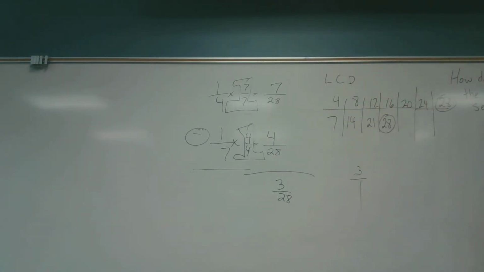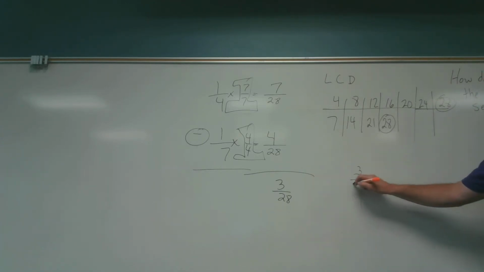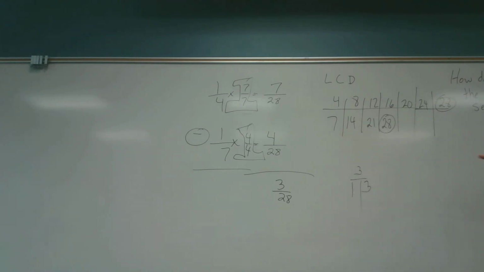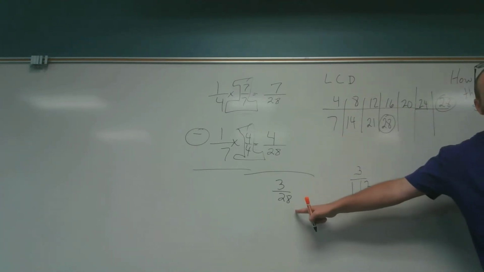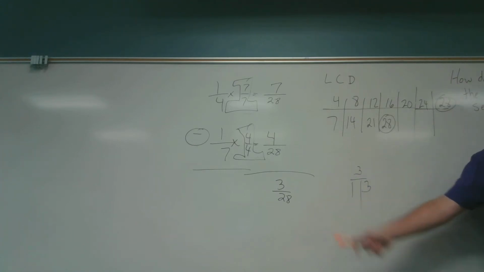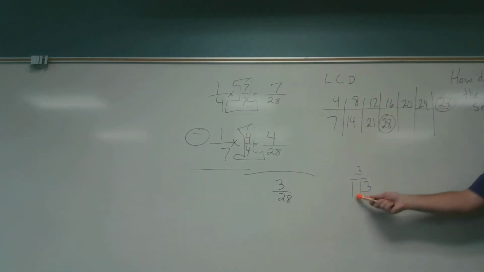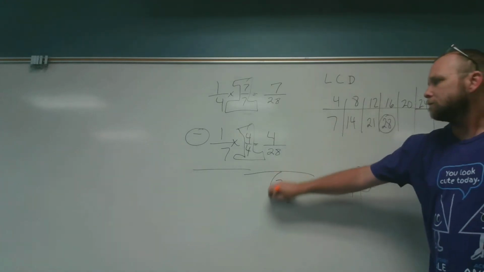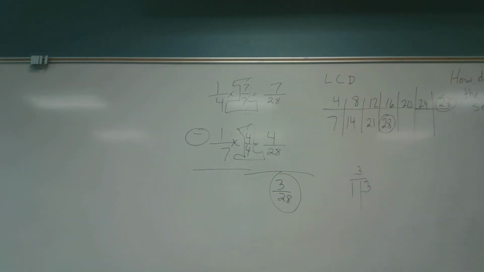I take the smallest number and find its factors: 1 times 3. Well, I know 1 is going to go into both 3 and 28. Is 3 going to go into 28? Not evenly. So 3 is not a factor of 28. Only 1 would be a common factor. So 3/28 would be my answer.